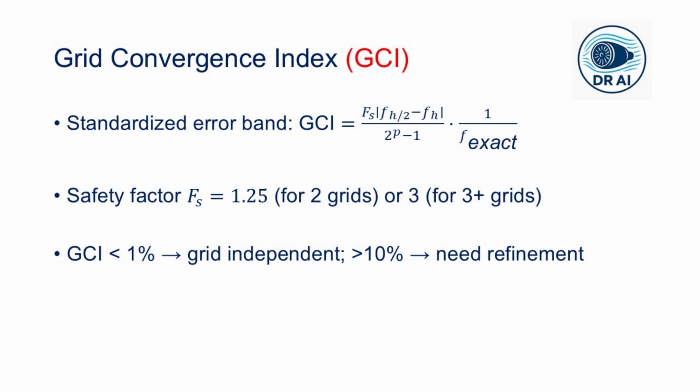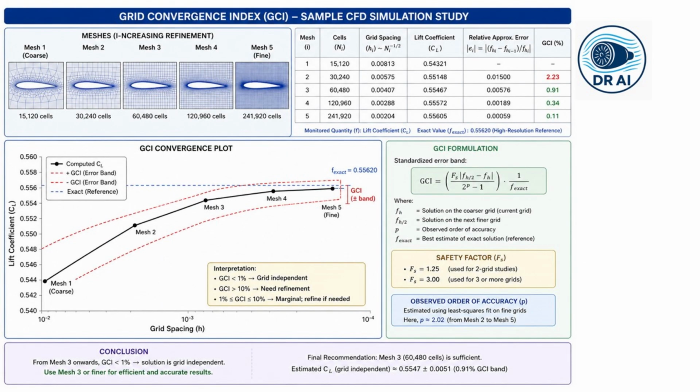The GCI tells you in percentage how far you likely are from the grid independent solution. Here is a practical advice: always perform a grid convergence study for at least three grids: coarse, medium, fine. If the grid convergence index is too large, refine the mesh.